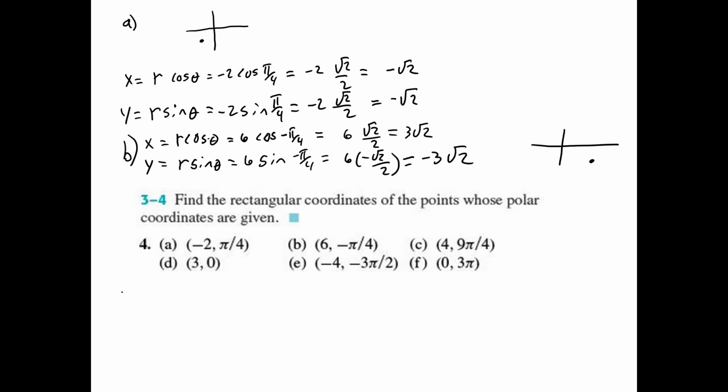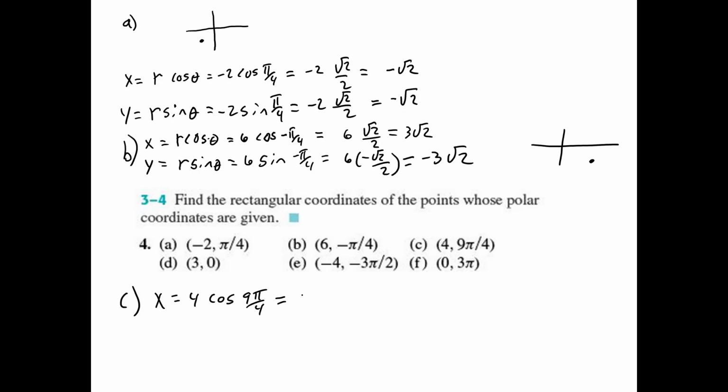For C, 4 comma 9 pi over 4. And so x is equal to r, 4, cosine of theta, 9 pi over 4. So 9 pi over 4, 4 goes into 9 two complete times, and you have 1 left over. And so that's coterminal with pi over 4.